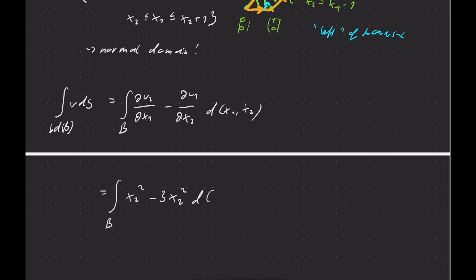And we integrate that d(x1, x2). Okay, so that is simply the integral over minus 2 x2 squared d(x1, x2).